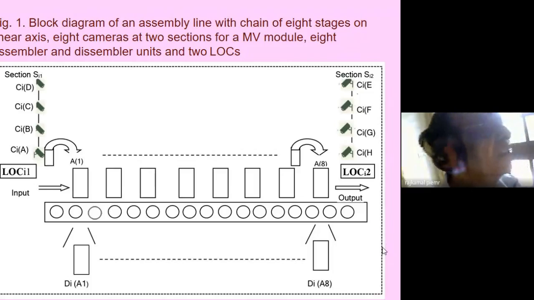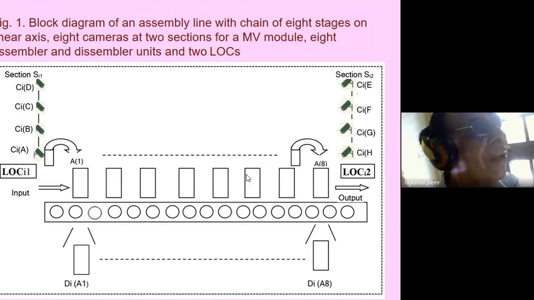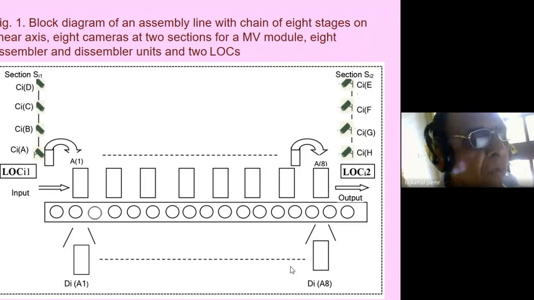So this is the block diagram. In the machine vision, one of the elements is the camera, LOC means local computing unit, A means assembling unit, and D means the disassembler unit. So this is how it is going on. We have taken the example of 8, and there are 2 local computing units.